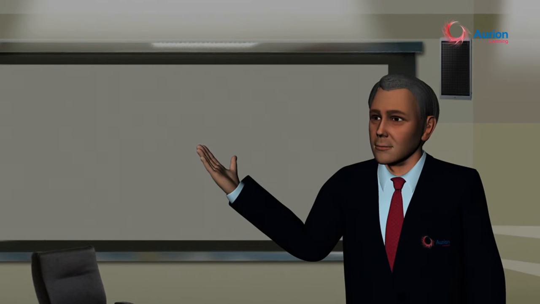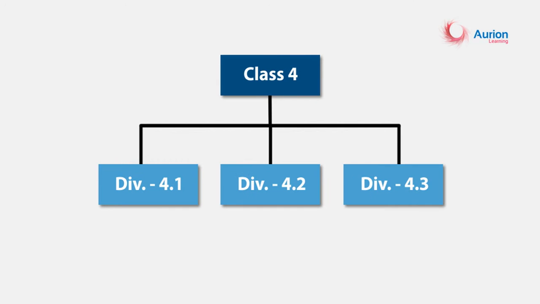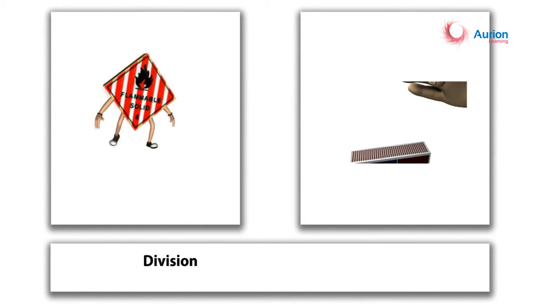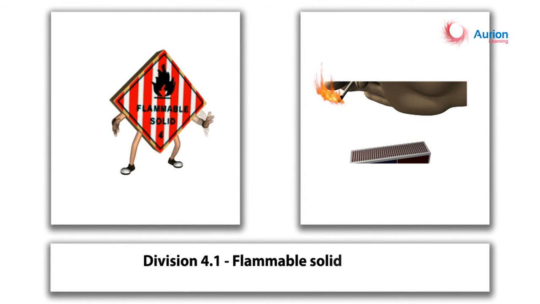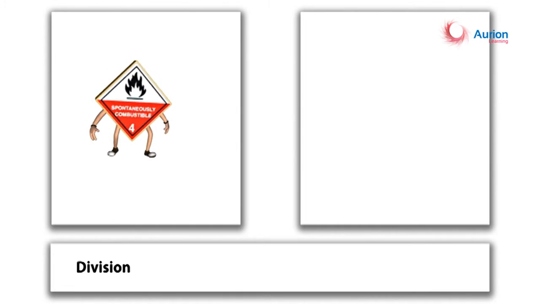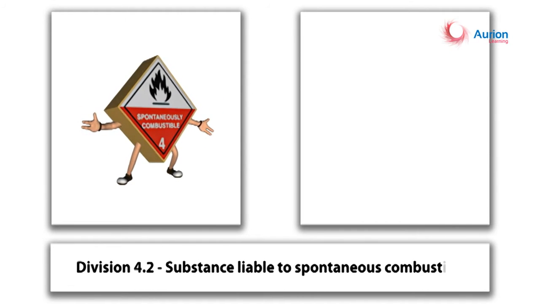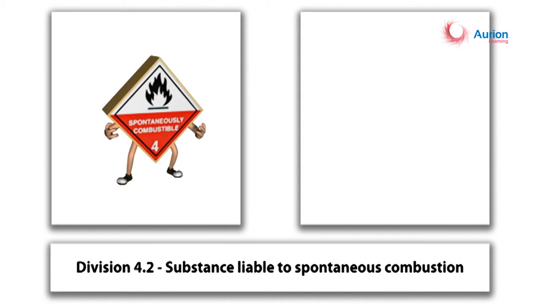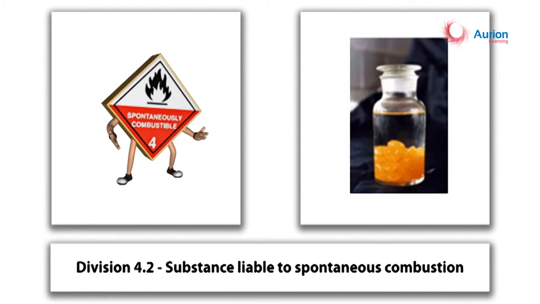Moving on further to Class 4. Class 4 comprises of flammable solids, which is further divided into 3 divisions. Division 4.1 Flammable solids, for example, matches, sulfur, celluloid, etc. Division 4.2 Substances liable to spontaneous combustion, for example, white or yellow phosphorus, magnesium diamide.